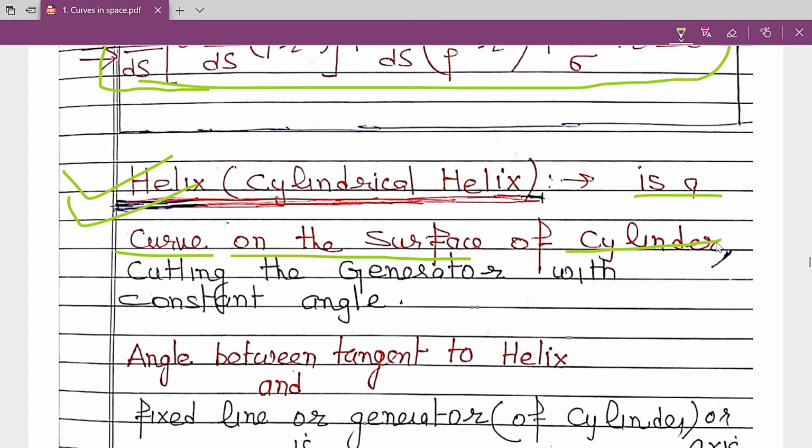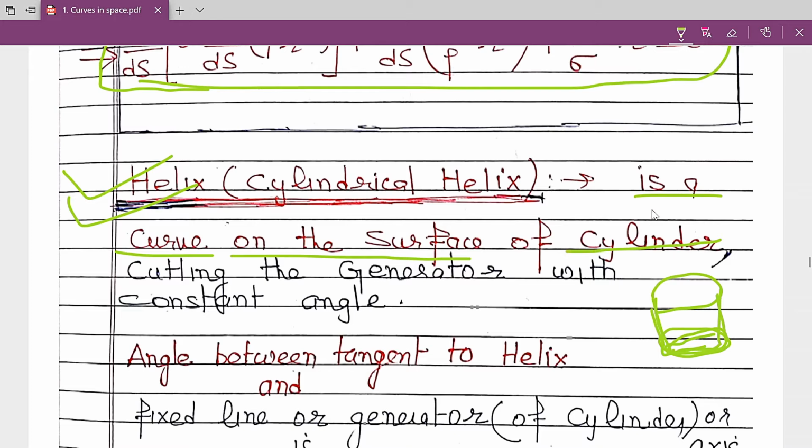We know the equation of a cylinder is of this form. I am not able to draw the picture of the cylinder exactly, so you can imagine it is of this kind. Clear? This is a cylinder, a circular cylinder.